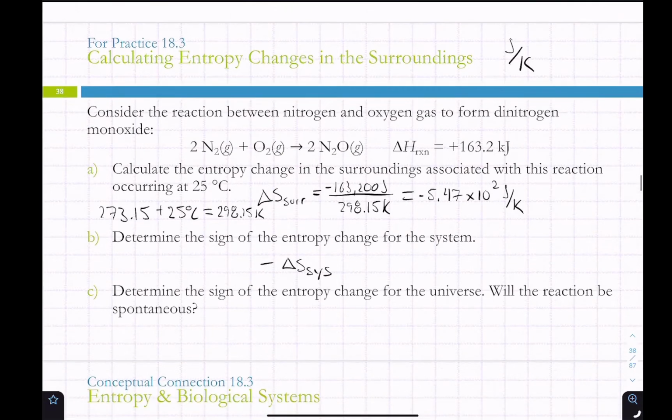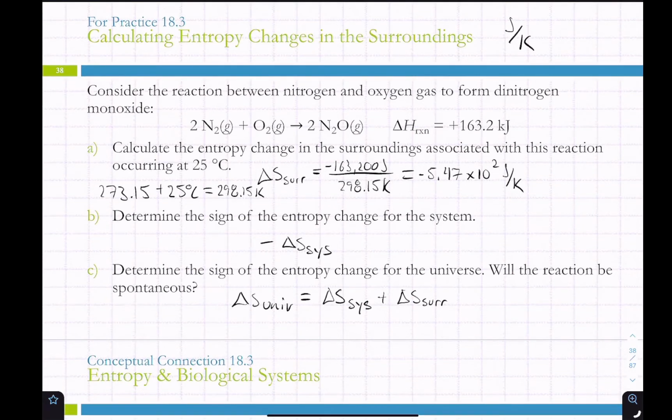So in this case, it doesn't really matter what the sign or what the magnitude of that is, because the delta S of the universe is equal to the delta S of the system plus the delta S of the surroundings.